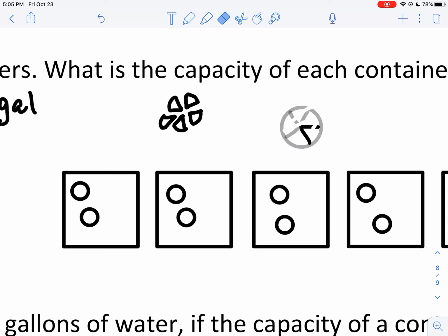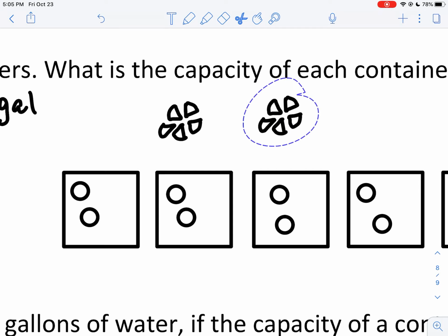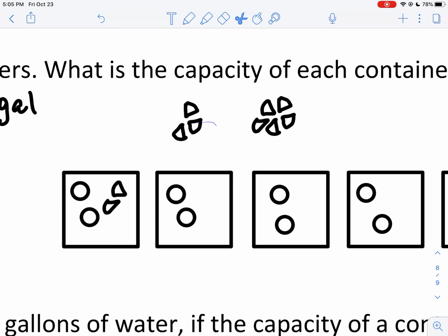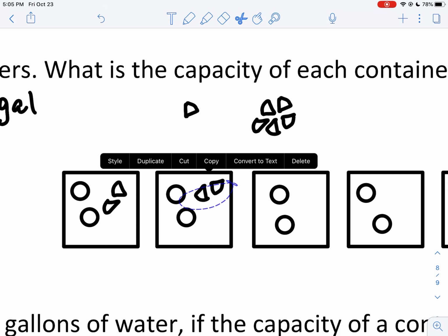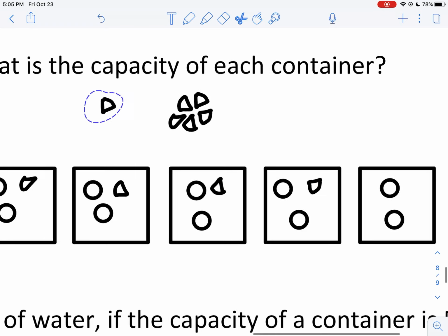There's your 5 pieces. Rip them apart so that you can then move them. And then 2 more can go into each one, because you can do this one at a time. I'm doing 1 piece at a time, or breaking up 1 gallon at a time into each container.